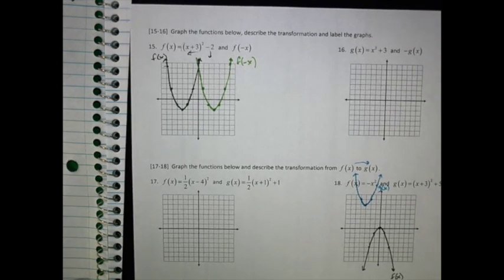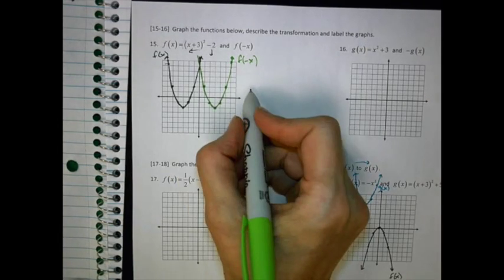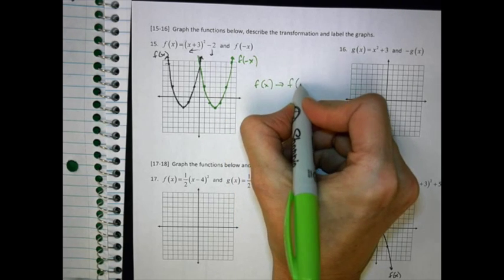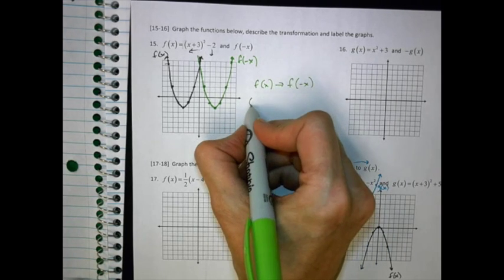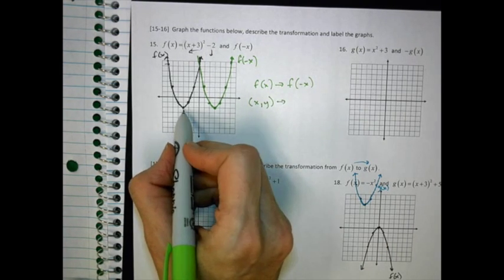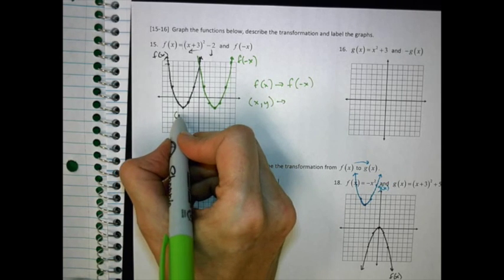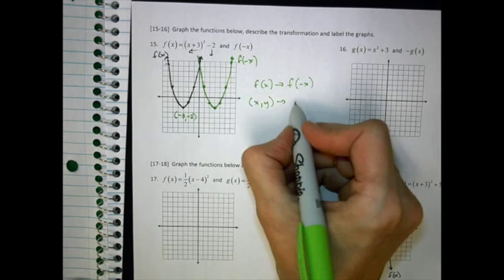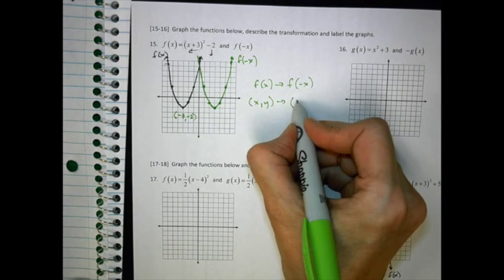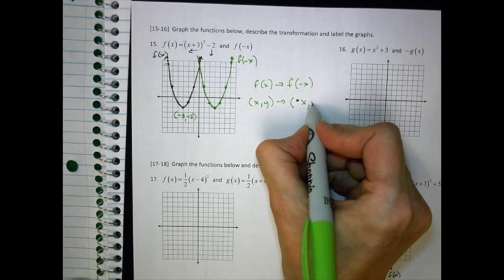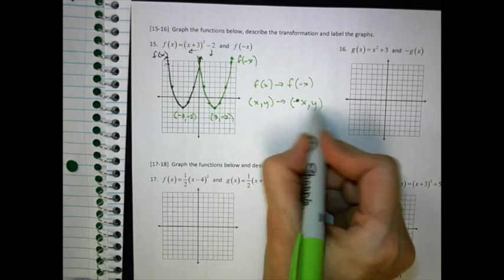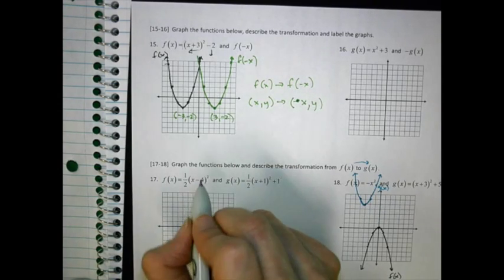On this particular problem, we would say f of x goes to f of negative x, and if f of x has a point xy, like this one right here, which happens to be negative 3, negative 2, then f of negative x will have the opposite sign, negative xy: positive 3, negative 2. Same y, only the x will change signs. And so this is transformation notation.